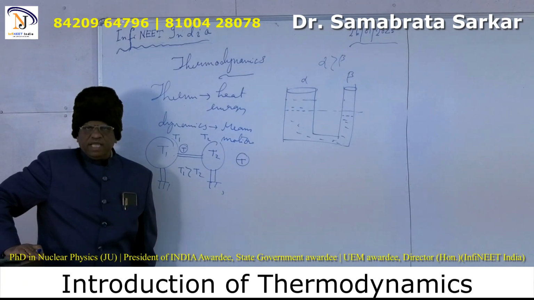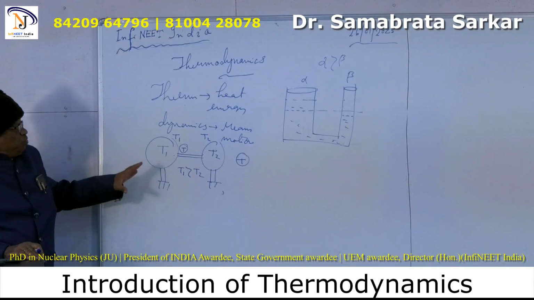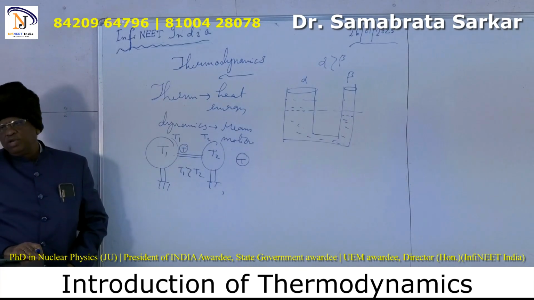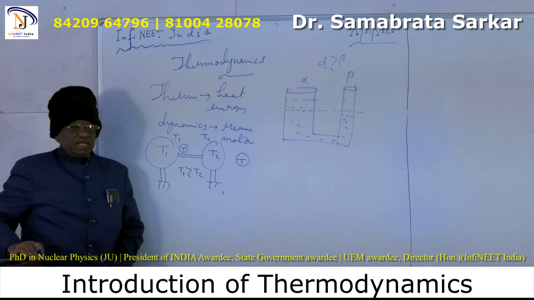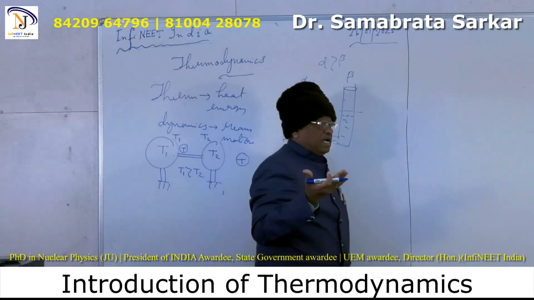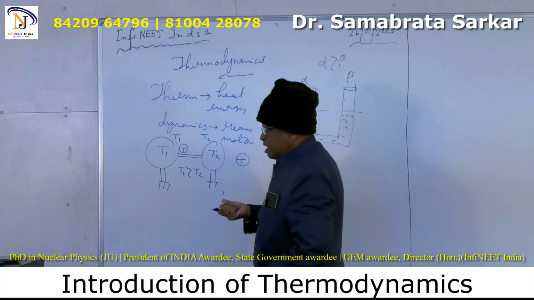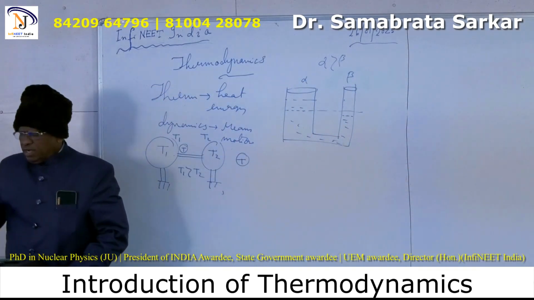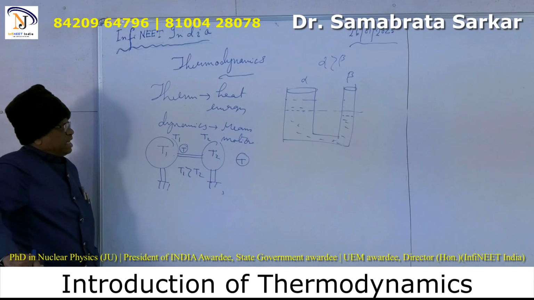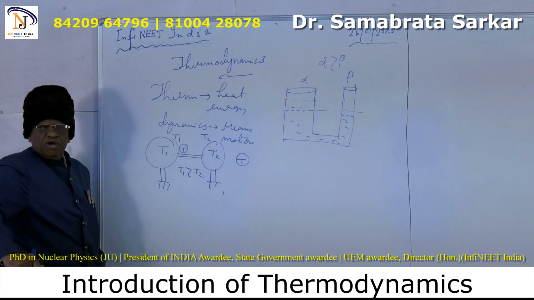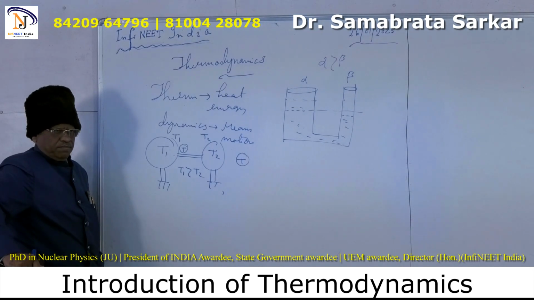And we can say the two bodies are in thermal equilibrium. So this is an empirical idea so far as thermal equilibrium is concerned. And now I will describe in detail what should be an ideal definition of thermal equilibrium.